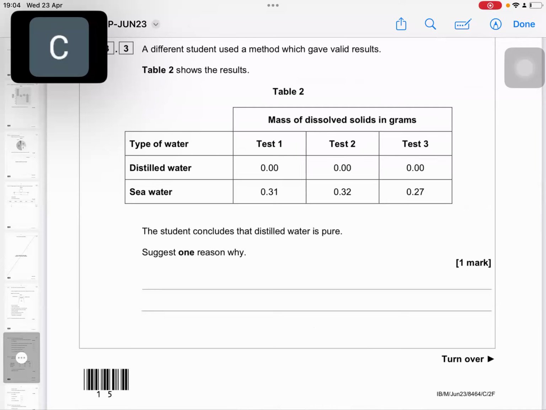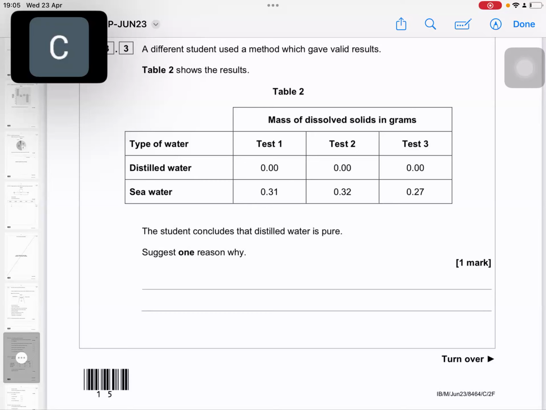Type of water: distilled water, seawater. Mass of dissolved solids in grams. Distilled water obviously doesn't have anything dissolved in it. Seawater does have salt in it, so we know. The student concludes that distilled water is pure. Suggest one reason why.